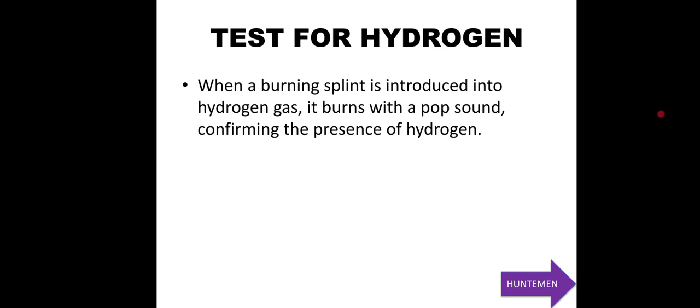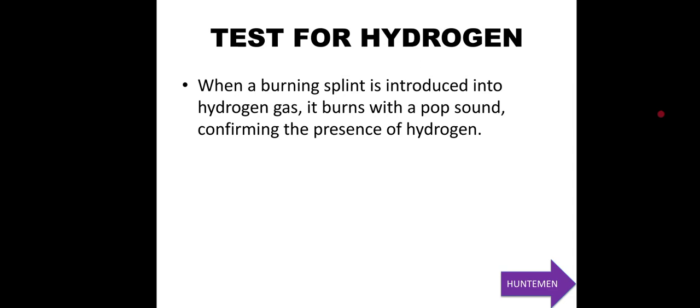How do we test for hydrogen? How do we confirm that a particular gas in a container is hydrogen? When you put a lighted splint, a burning splint, some of you may not understand what a burning splint is. Let me explain. When you strike a match, it will bring out a flame. When you put off the flame, the stick still glows with that yellow color.